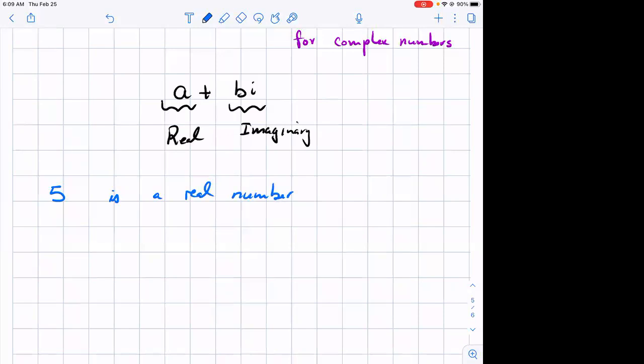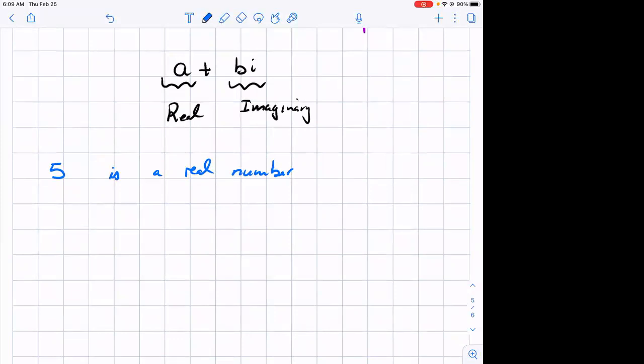But that real number is also a complex number, because it can be written as 5 plus 0i.